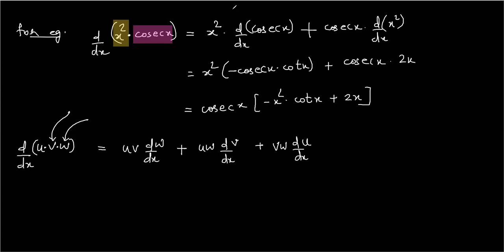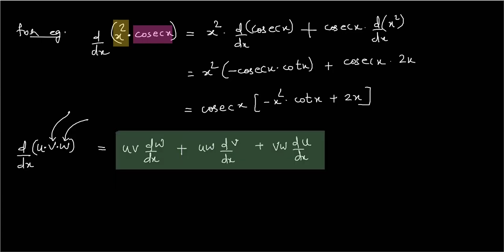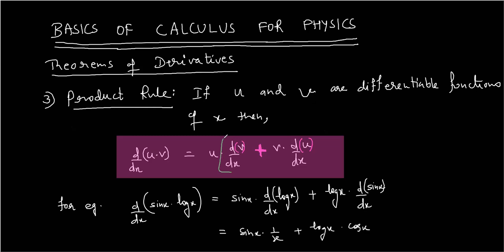So if you check, this once again goes with u into v. The derivative of u v w works the same as the derivative of u into v. Why? Because even in that case, when you differentiated v, u was left, so you multiplied. And when you differentiated u, v was left, so you multiplied.